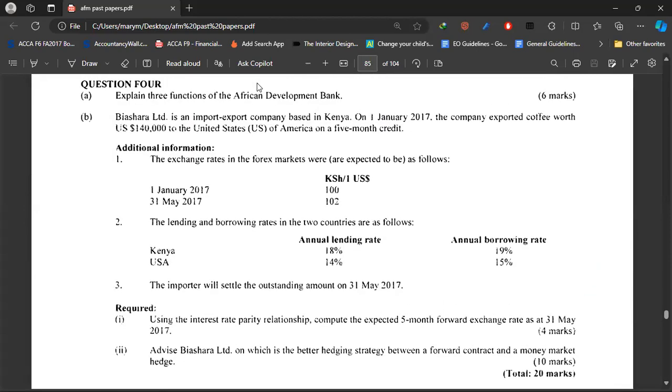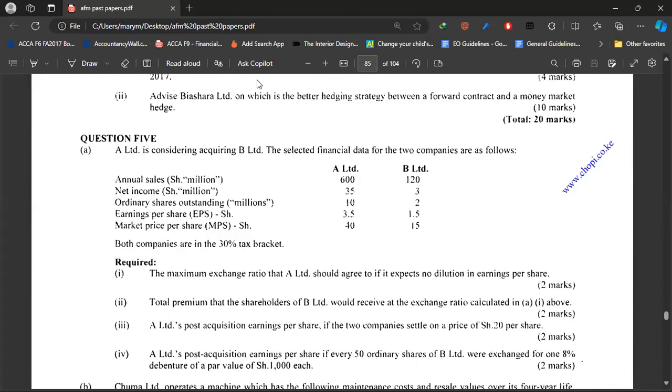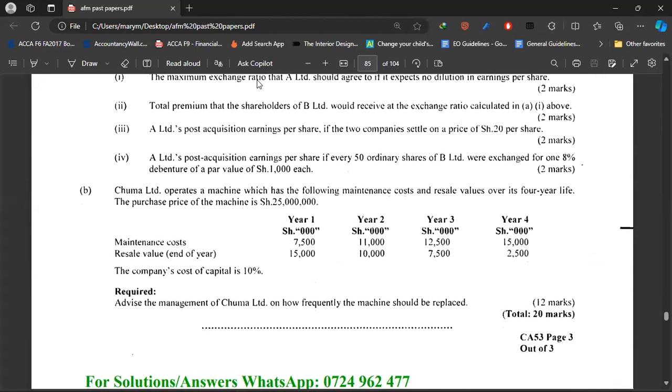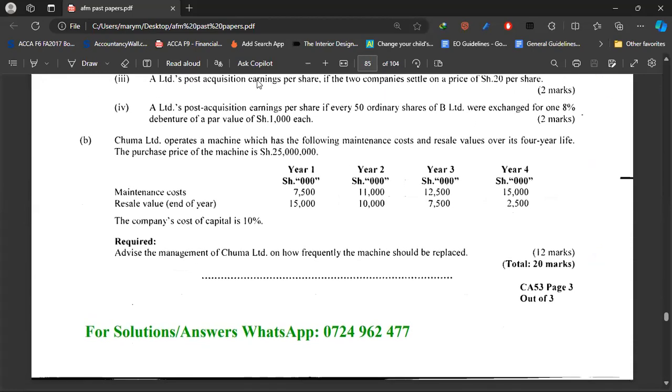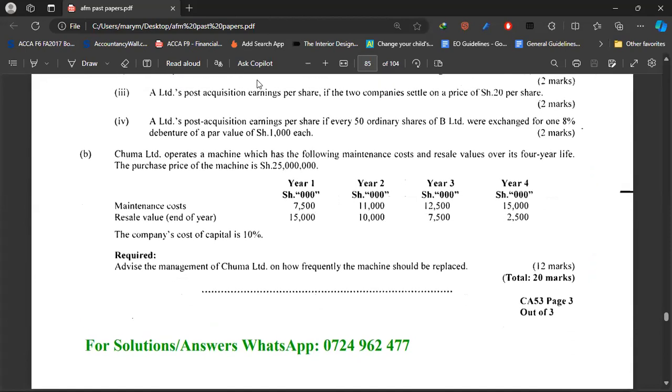Which question is this? Let me check. It should be question number 5B. Question number 5, very good. When you look at that question, let me just tell you something for the students here. If you are able to do one question and you score all the 12 marks, for example, that is how you know why you fail the exam.